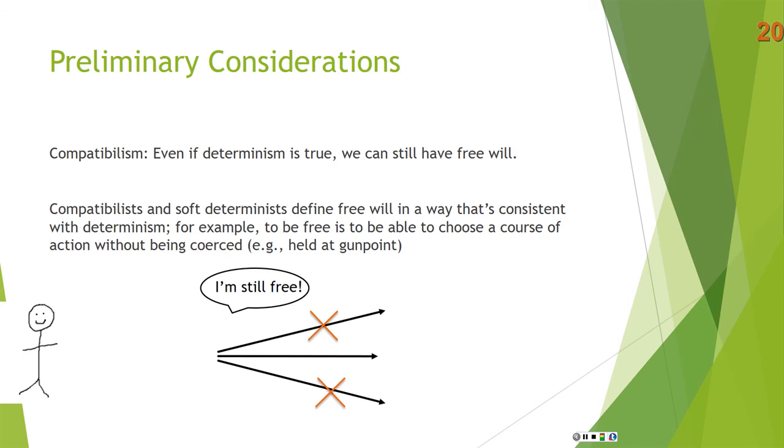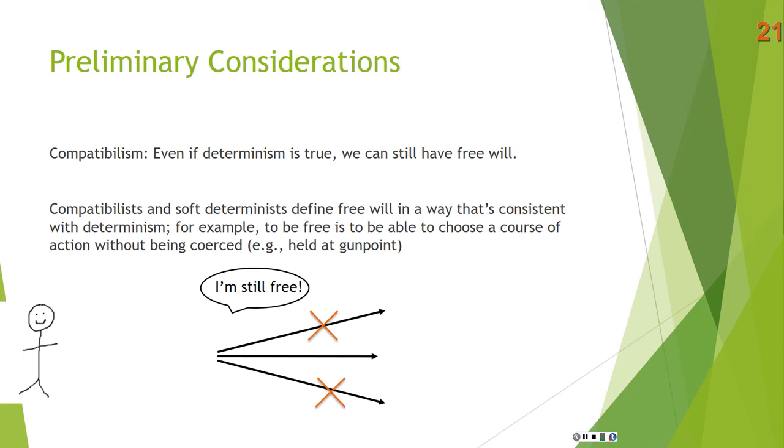So this is part of where the compatibilists and the incompatibilists go their separate ways: they define free will in different ways. The incompatibilist assumes that in order to be free, you have to be able to do otherwise than what you actually did.